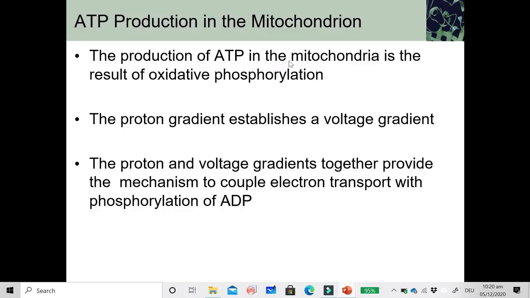The proton gradient, as I've already mentioned, establishes a voltage gradient across the inner mitochondrial membrane. And this voltage gradient ultimately allows for the return of the protons, which is coupled to the synthesis of ATP. We're going to learn more about that later. The proton and the voltage gradients together provide the mechanism to couple electron transfer with phosphorylation of ADP and the concomitant synthesis of adenosine triphosphate, or ATP.